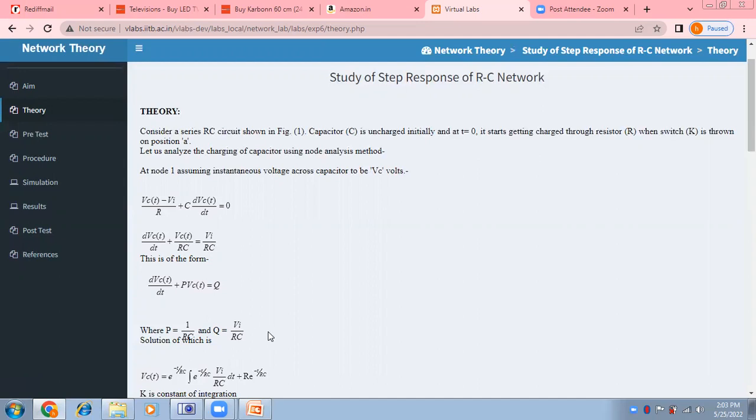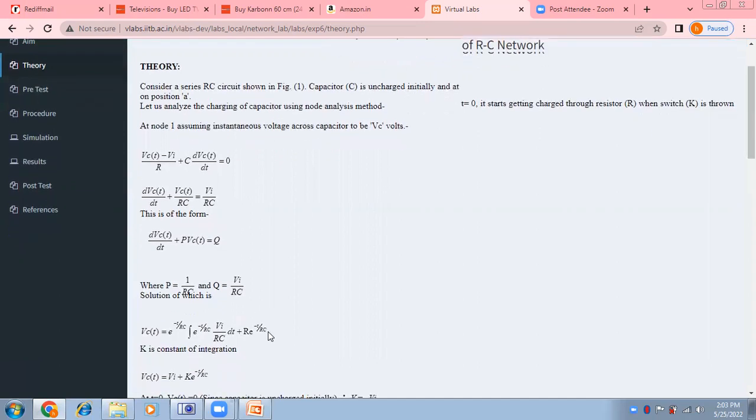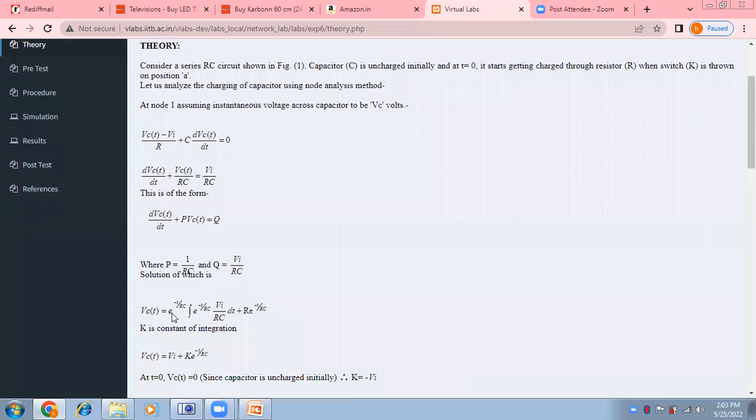The solution of this results in Vc(t) is equal to e power minus t upon RC times the integral of e power t by RC into Vi upon RC dt, plus k e power minus t by RC, where k is a constant of integration.